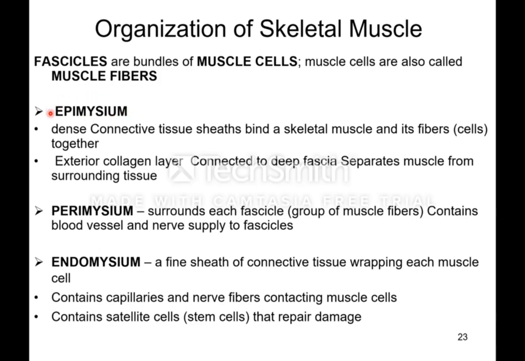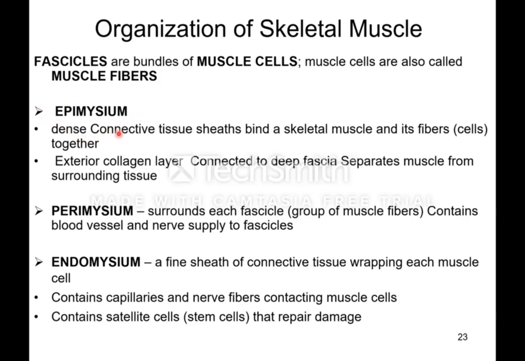Epimysium is a membrane or sheet of dense connective tissue that sheaths one skeletal muscle that we name anatomically, for example biceps muscle, quadriceps muscle, pectoralis muscle. Yes, the entire muscle is surrounded by an epimysium.